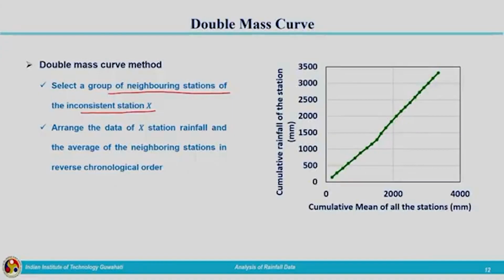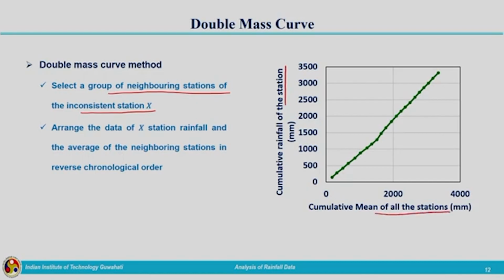Once the cumulative rainfall data for each interval is ready, we plot the double mass curve. How is this double mass curve plotted? Along the y-axis, we plot the cumulative rainfall data of the inconsistent station, and along the x-axis the cumulative mean of all the neighboring stations.